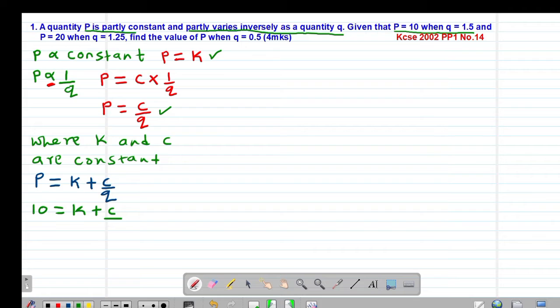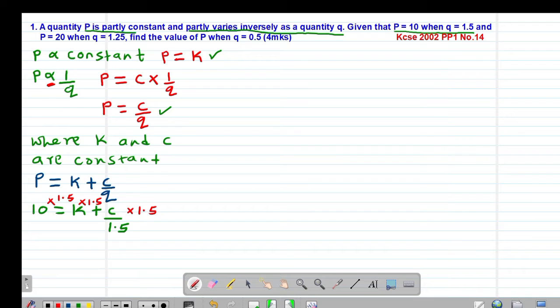So 1.5 is common, so I'm going to multiply through by 1.5, which is the LCM, so that I can do away with the fraction. I multiply each term by 1.5.